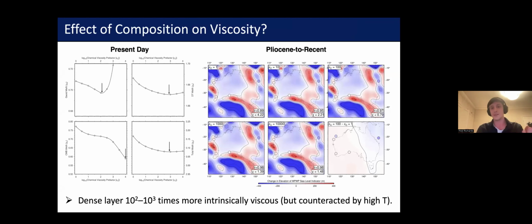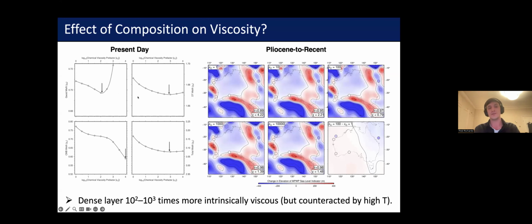So I've loaded in the density models that I got from the instantaneous flow kernel optimizations, and looked at how the fit to these mid-Pliocene shorelines from around Australia varies as you change the chemical viscosity prefactor, so the intrinsic viscosity of the material within the LLVP. And the interesting thing is that whether it's CMB misfit, geoid misfit, or dynamic topography misfit, you do tend to want an enormously viscous material in the LLVPs.